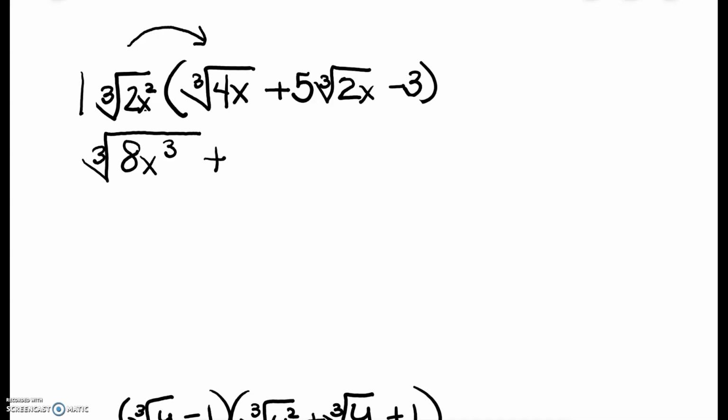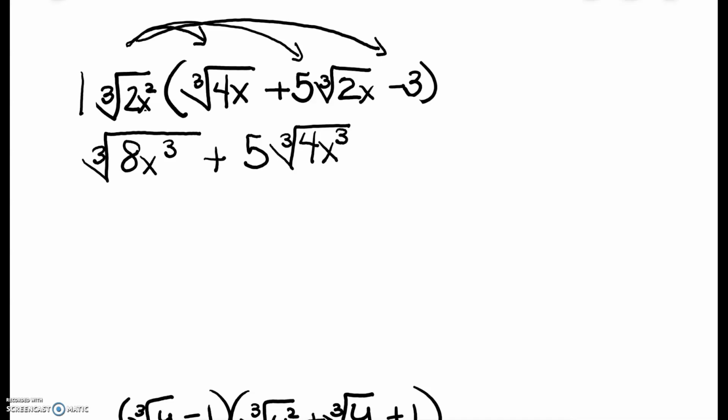So 1 times 5 is 5. And then 2x squared times 2x is a 4x cubed. And then when I distribute across this negative 3, what's negative 3 times positive 1? Negative 3. And then I end up with the cube root of 2x squared.